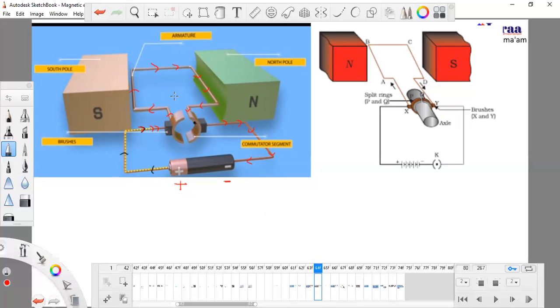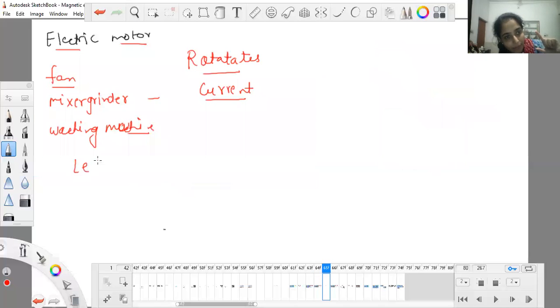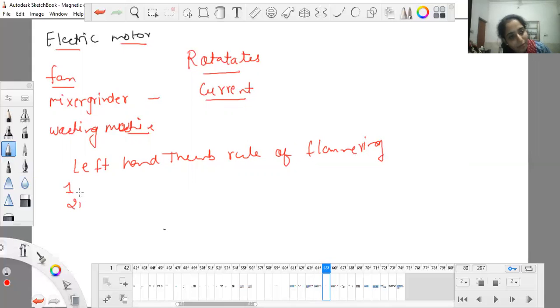Now by using your left hand thumb rule, Fleming's left hand rule. We studied yesterday that while using it, we will be provided with two things. What are these two things?